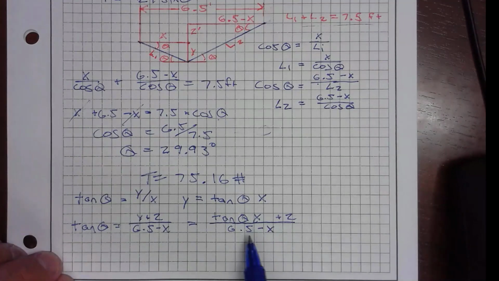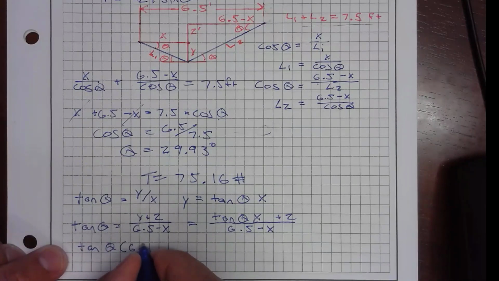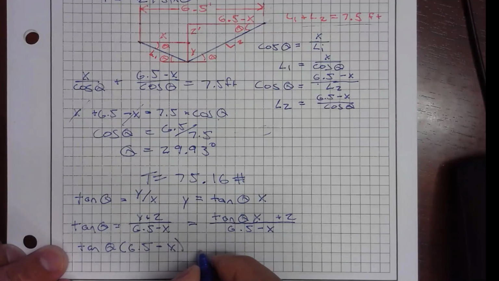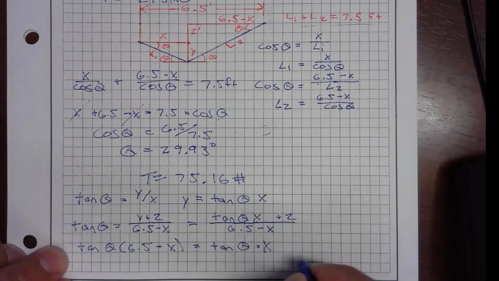So I'll just simplify this. I'll multiply this 6.5 minus x times tangent, so I'll get tangent of theta times 6.5 minus x, and that would be equal to the top there, tangent of theta times x, plus 2.